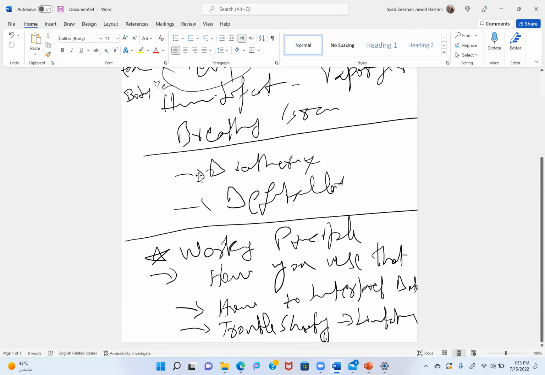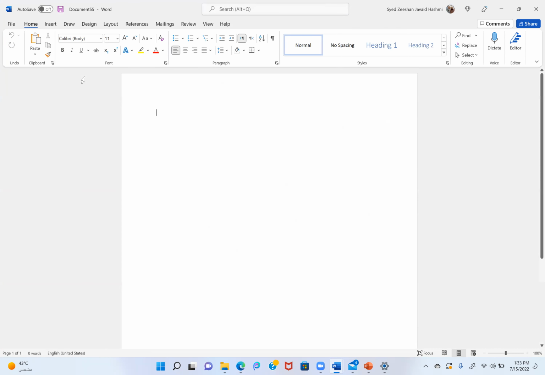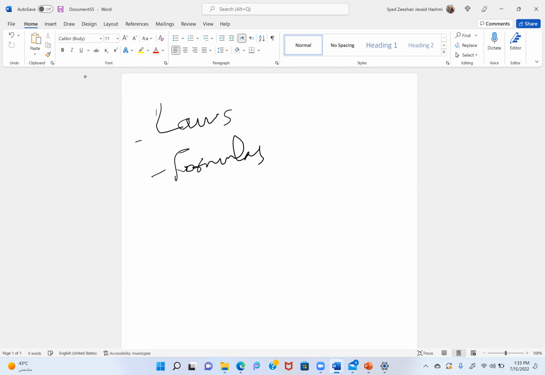Then you can make a list of all the laws and formulas. Make your own list, like all the gas laws, all the laws related to anything. Just think: Beer-Lambert law, Bernoulli's principle, Fick's principle, Dalton's law of partial pressure. What is their clinical implication? You make your own list. Maybe you will find 20 or 30 or 50, no problem.